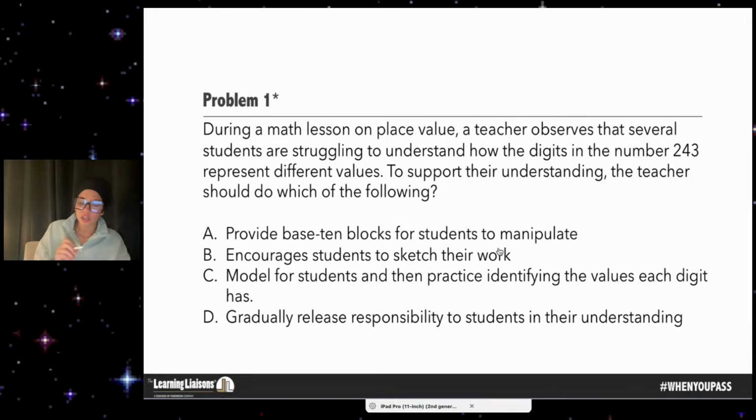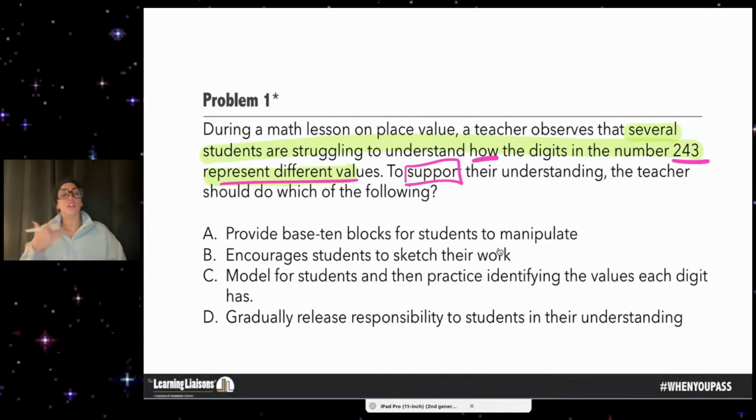So we are looking at several students that are struggling to understand how the digits in the number 243 represent different values, and we are trying to support their understanding. And so the teacher wants to know what she should do.